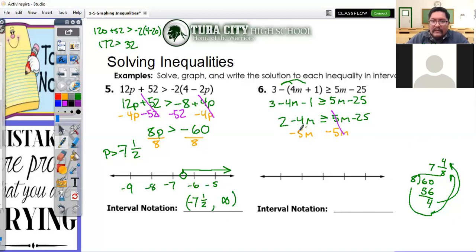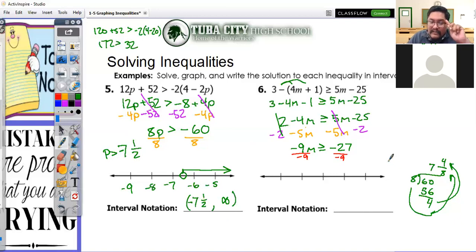So let me go ahead and have both sides do the trade. So now here I should have negative 9m greater than negative 27. Now again, this is the part you got to worry about because I am dividing both sides by negative 9.